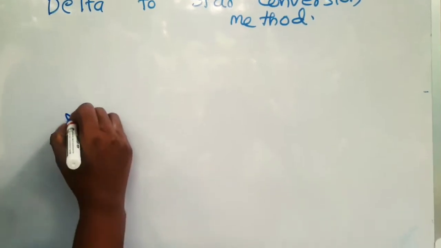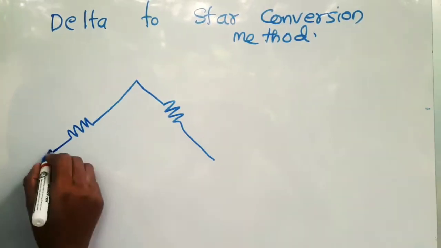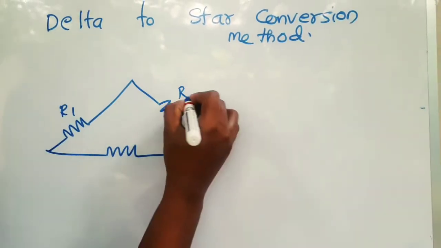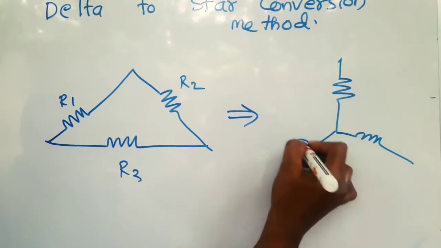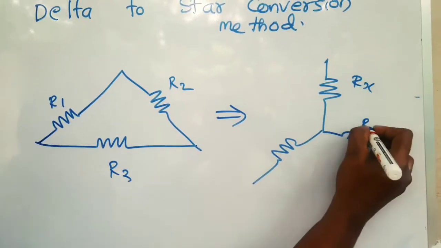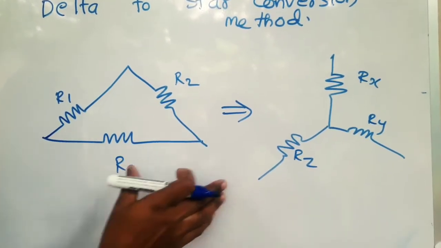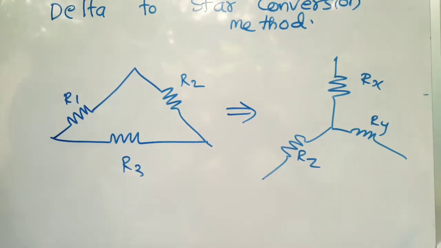In such a method, a delta network like this, R1, R2, R3, is converted to a star network Rx, Ry, Rz. This delta network is converted to star network by delta to star conversion method.